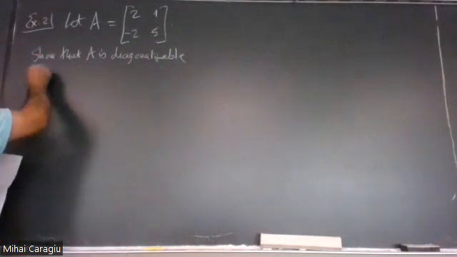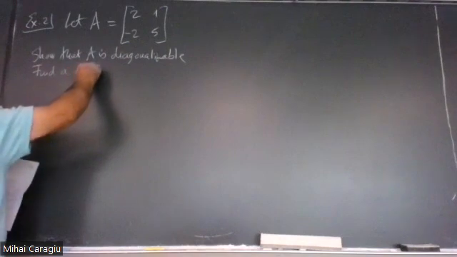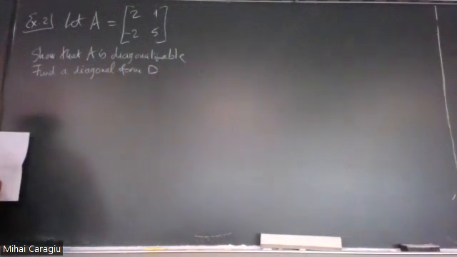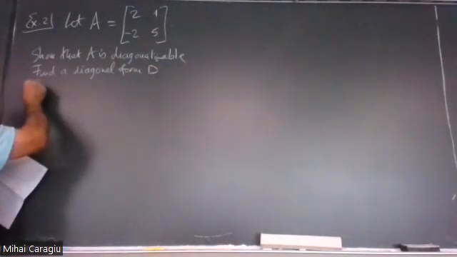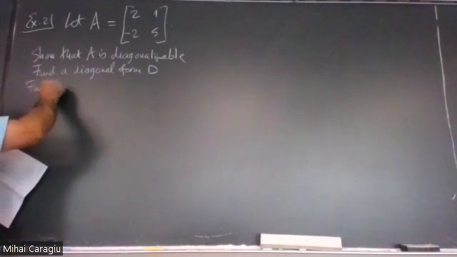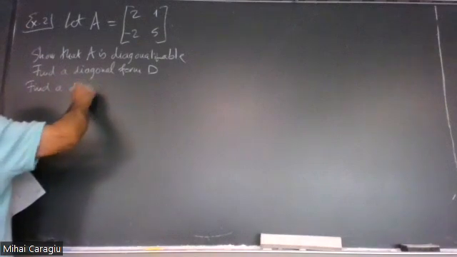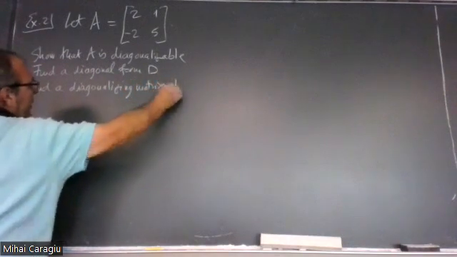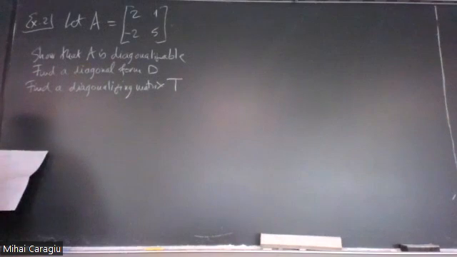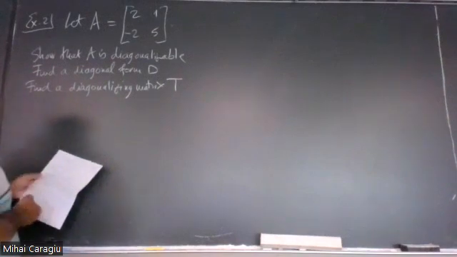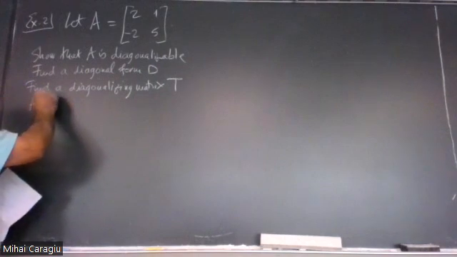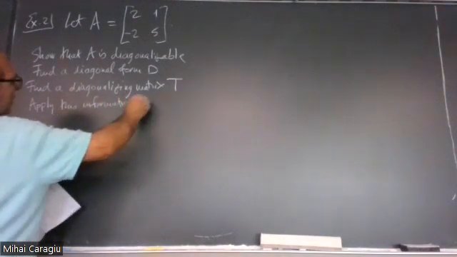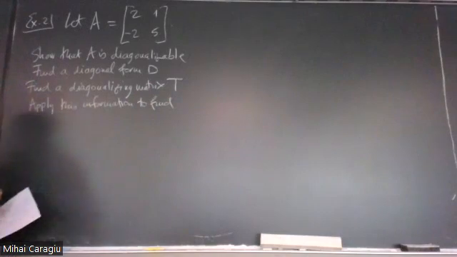Find the diagonal matrix D, and the diagonalizing matrix T. I put again a different requirement: find the diagonalizing matrix T. Then apply this information to find an explicit formula for A to the power n.